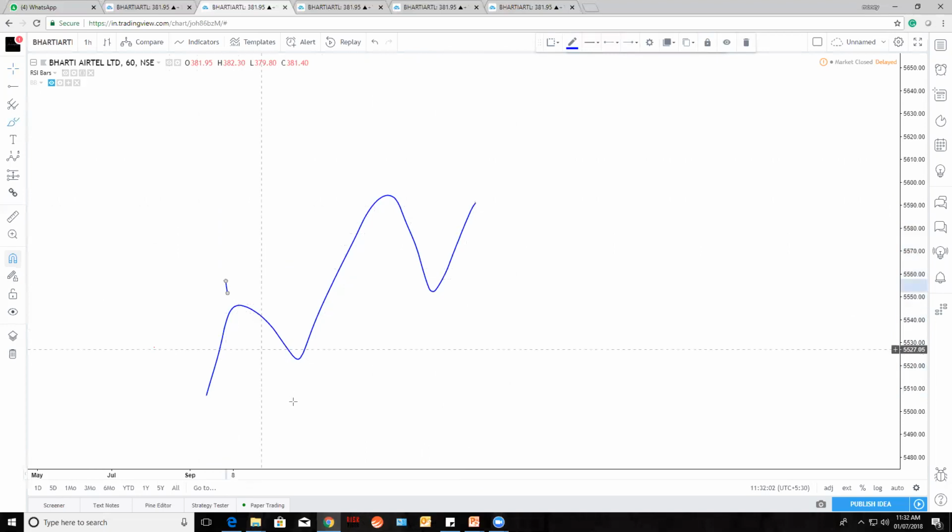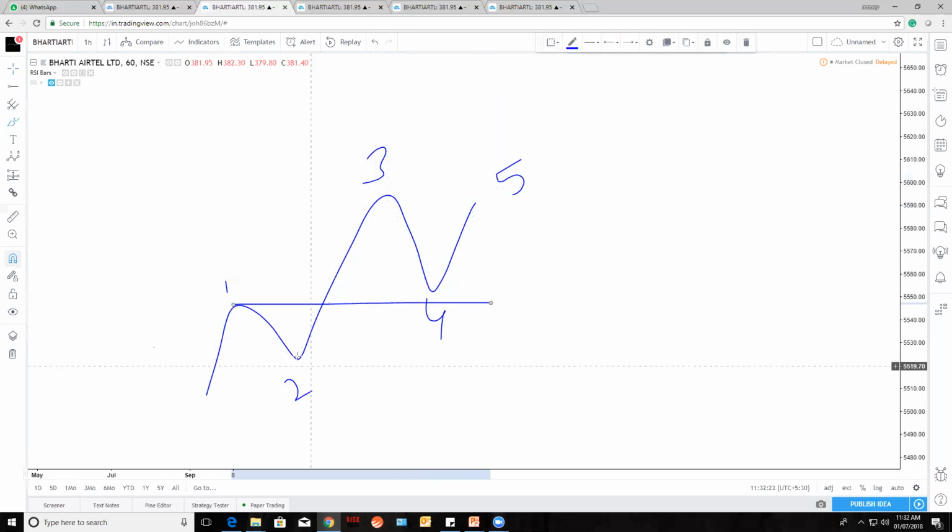There is a rule for the third wave that it should end beyond wave 1. It means the third wave should go beyond wave 1. The third wave cannot be like this. This is not the third wave. It should go beyond the end of wave 1. But there is the fifth wave.